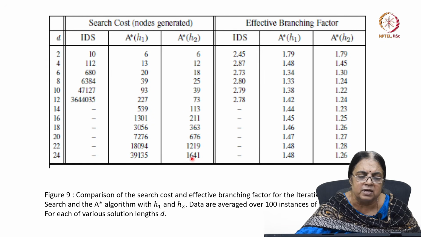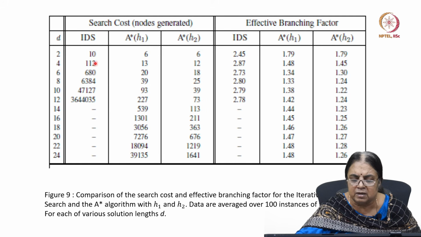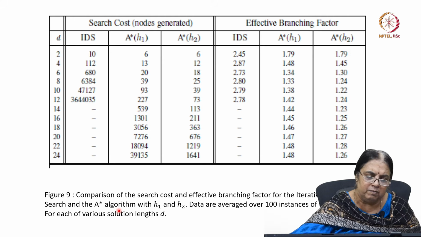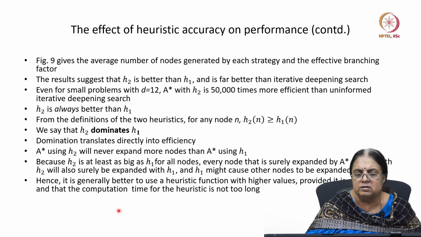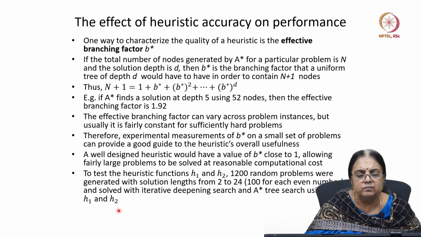So, you can see again H2 is doing better than H1 and that is doing better than the iterative deepening. So, we can say that H2 is a better heuristic than H1, okay, by looking at these results that we have, right.